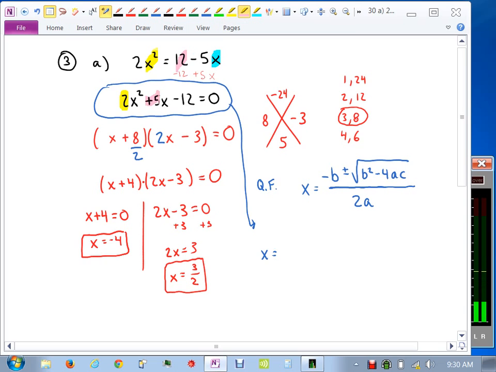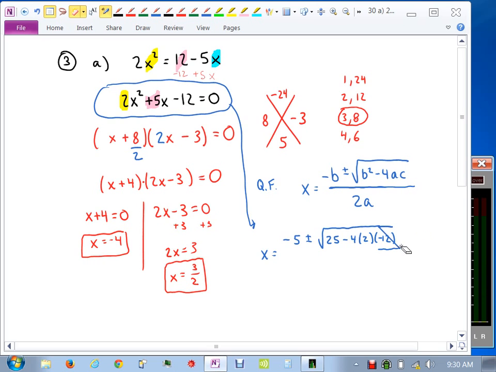My b is positive 5, so I take the opposite of that. It'll be negative 5 plus or minus square root. Now I'm going to square my b. So I take 5 and I square it, I get 25. Minus 4 times, now my a here in this problem is 2. It's that number in front of x squared. And then my c is the number in the very back, negative 12.